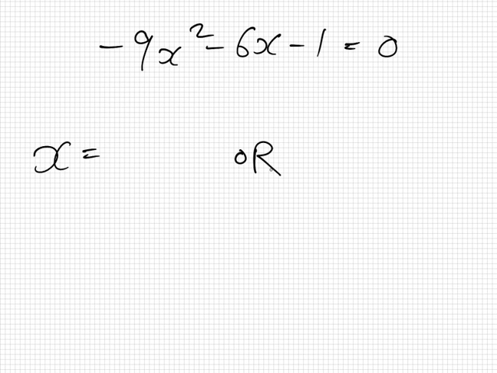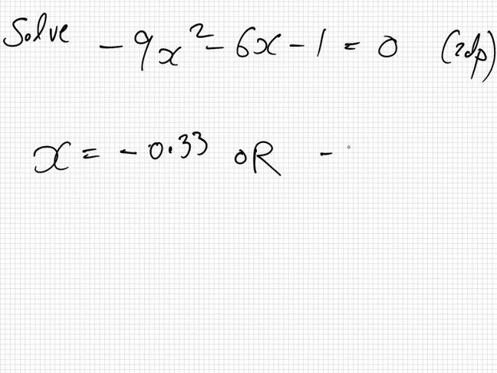This is 3a. It's solve, and then here it's 2 decimal places. There is just one root here because both of them are the same. Discriminant is 0. So we don't need to say that.